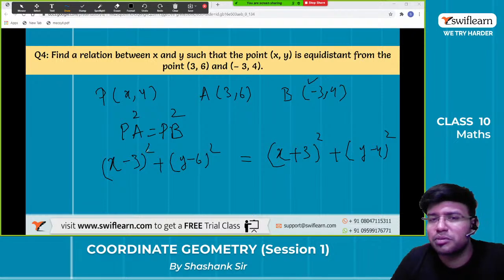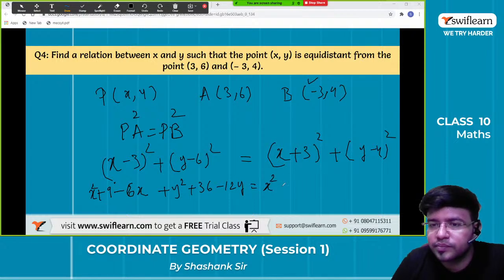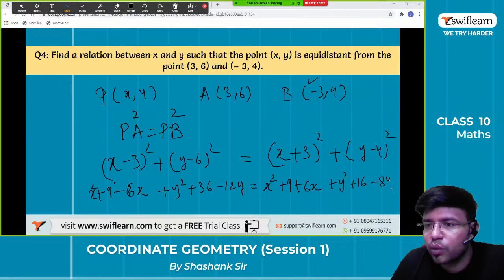Now simplify this. x minus 3 whole square is x square plus 9 minus 6x, plus y square plus 36 minus 12y, is equal to x square plus 9 plus 6x, and y square plus 16 minus 8y.